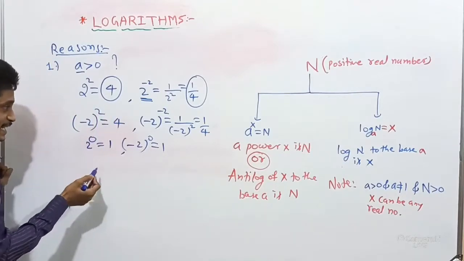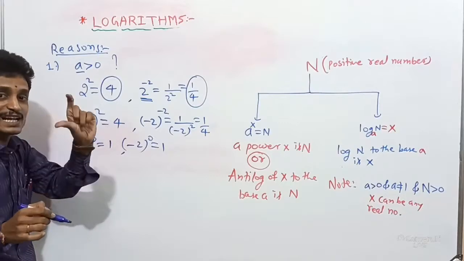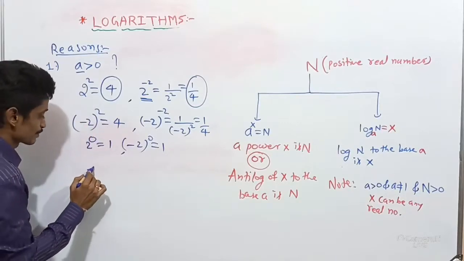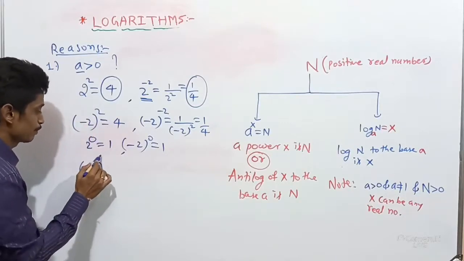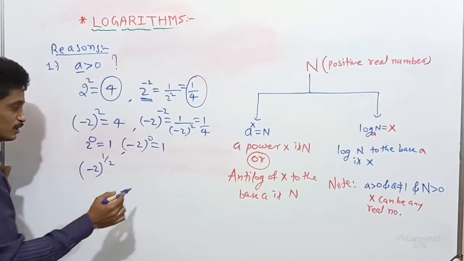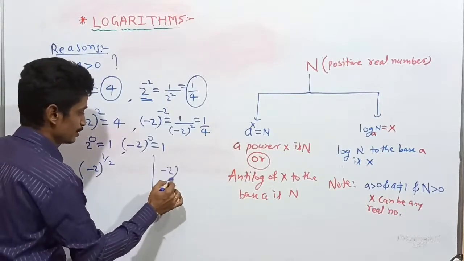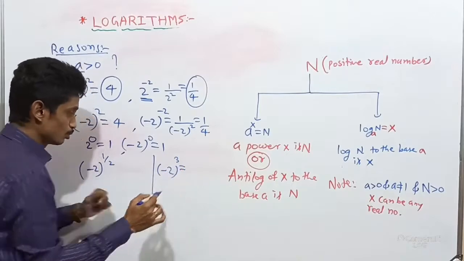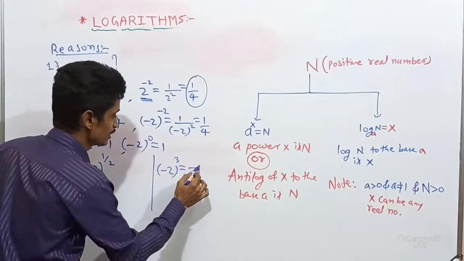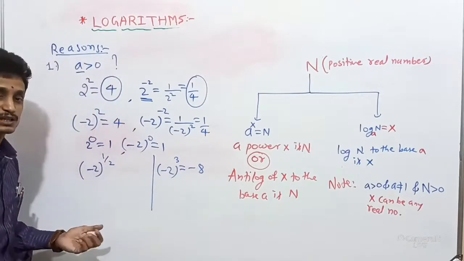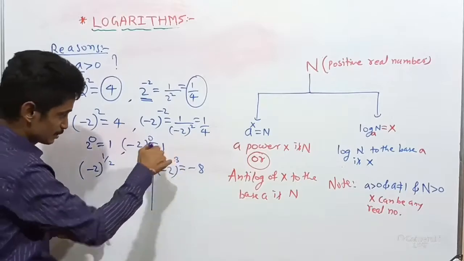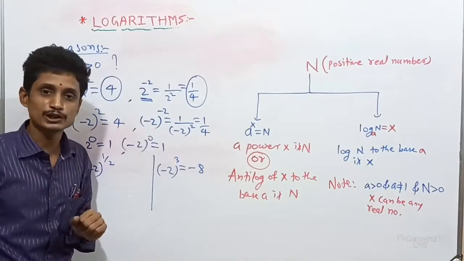Now in case the power is in rational form, that is minus 2 whole power 1 by 2. Another example, minus 2 whole cube. How to write minus 2 whole cube? That is minus 8. Minus 8 we can easily express in the form of minus 2 whole cube.